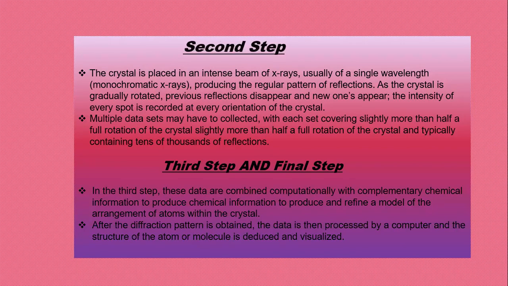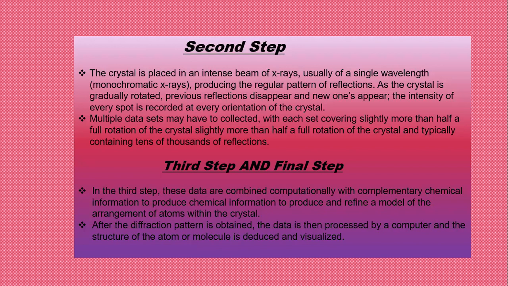And next is the second step. The crystal is placed in an intense beam of X-rays, usually of a single wavelength. Single wavelength is known as monochromatic, which has a single wavelength, producing the regular pattern of reflections.